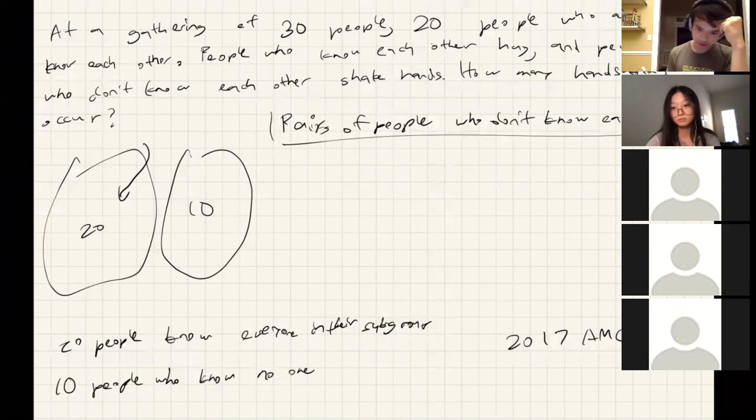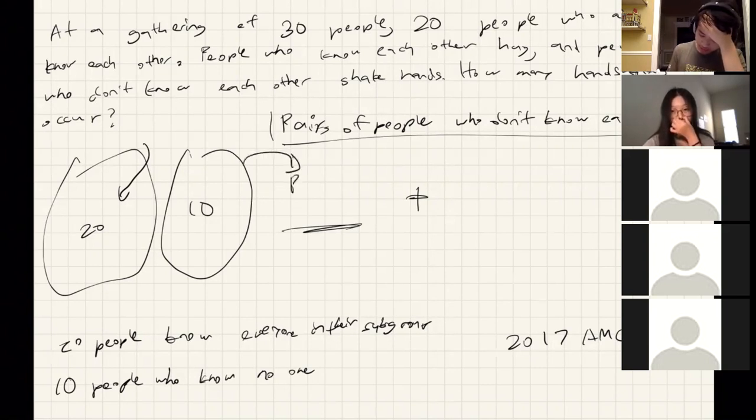Okay. So what we do in this case is that we start with casework. So there are 2 cases. Case 1 is that the people who don't know each other are from the group of social outcasts, right?